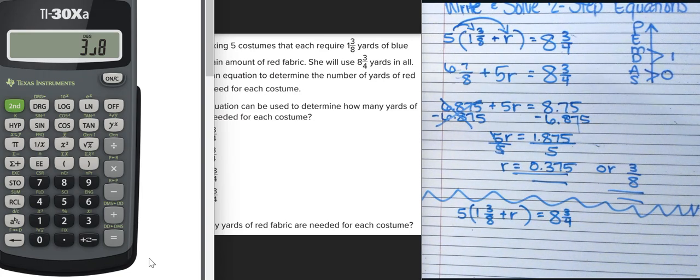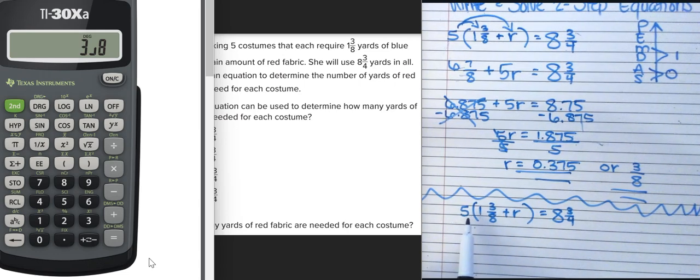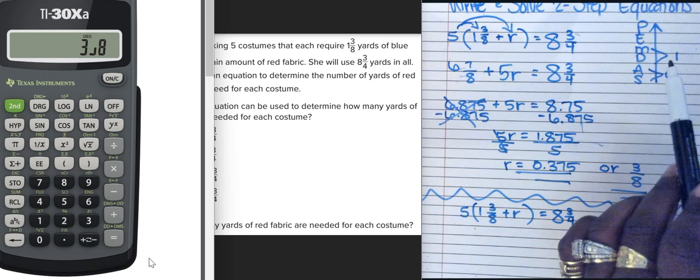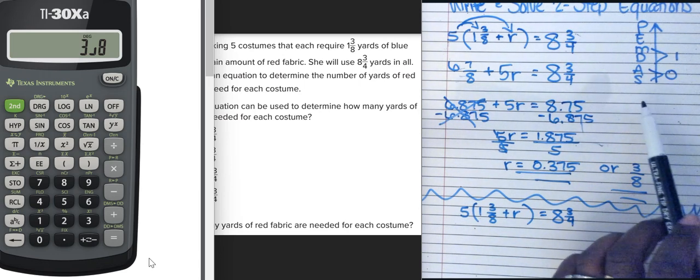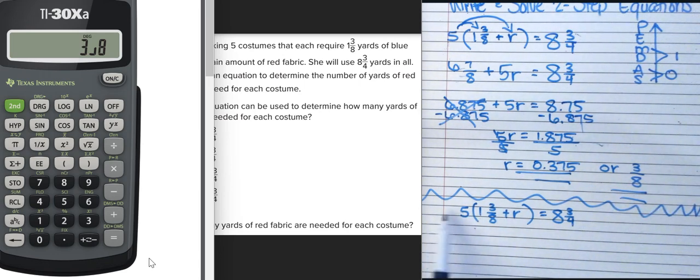All right, so the first thing I'm going to do is I notice that I am multiplying, okay? We're still going to use PEMDAS in reverse order, but we're not starting with addition or subtraction because there is no addition or subtraction outside of the parentheses, right? So we're going to just start off by dividing both sides by 5. That multiple of 5, we're going to cut it out. So 5 divided by 5 leaves me with 1.